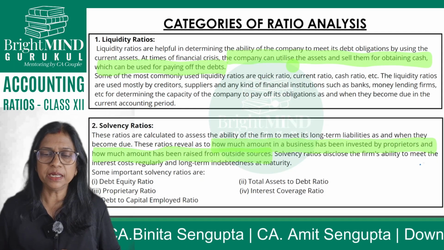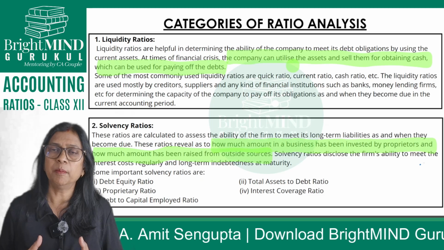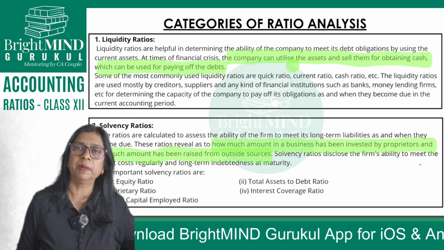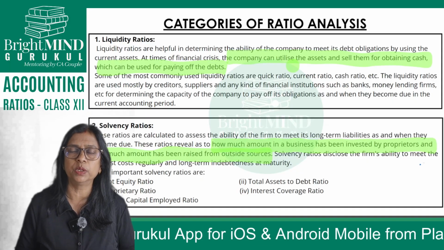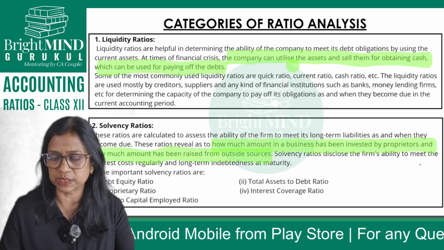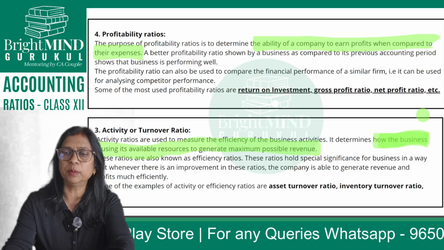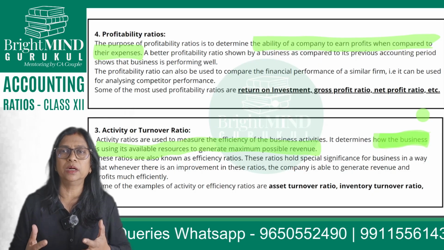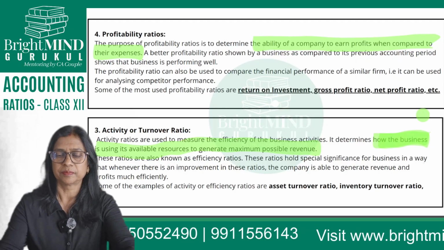Solvency ratio: this ratio reveals how much amount in a business has been invested by proprietors and how much by outsiders. Under this category come the debt equity ratio, total assets to debt ratio, proprietary ratio, interest coverage ratio, etc. Now, profitability ratio is to find out about the profitability of the business, also the ability of the company to earn profits and bear the expenses.